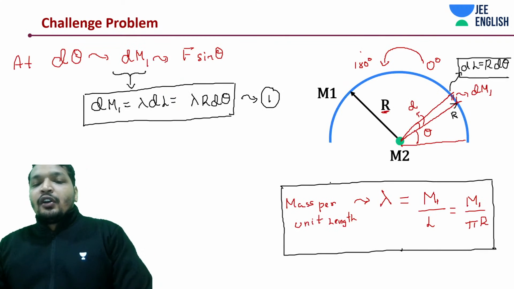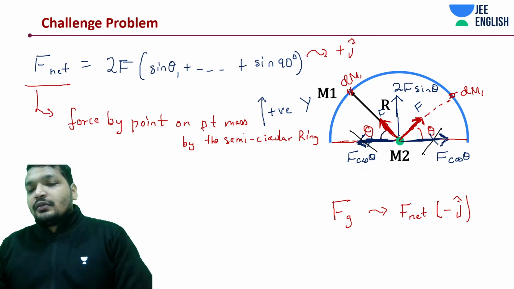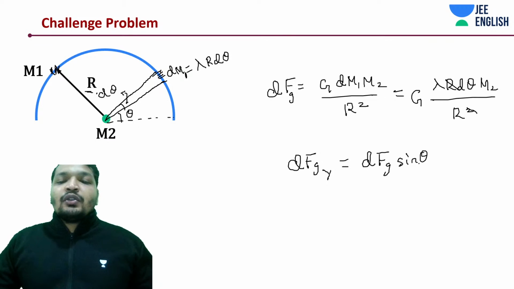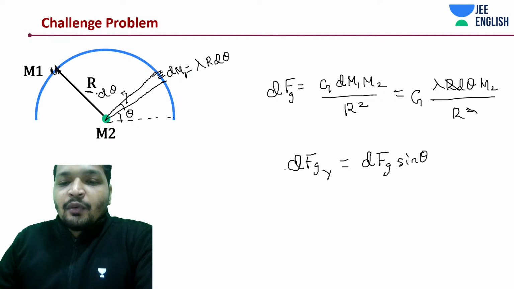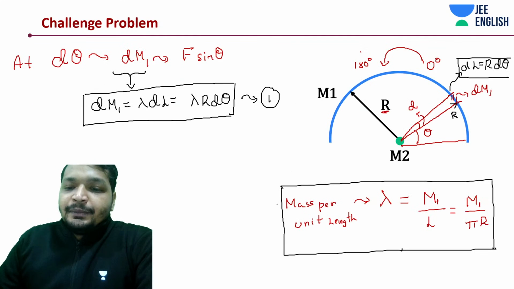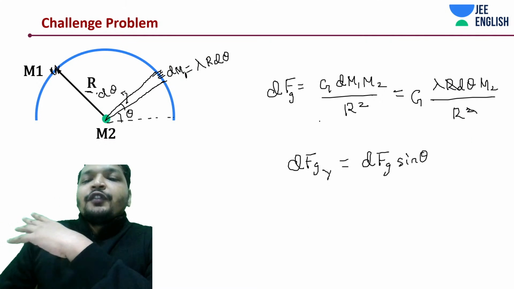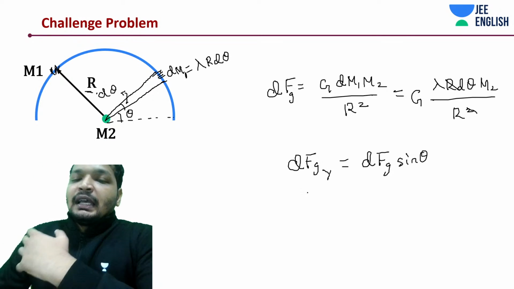We are not worried about everything, only the sine theta component. The cos theta component gets cancelled out, only sine theta is left over. Now you clearly got the idea what your net force should be. Not dfg. dfg is the force, of course, but only one component exists. The x-axis component is cancelled out.